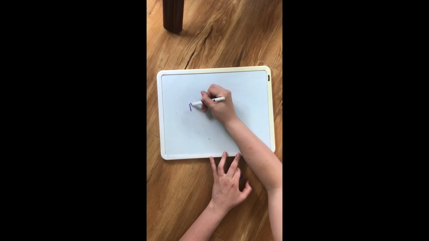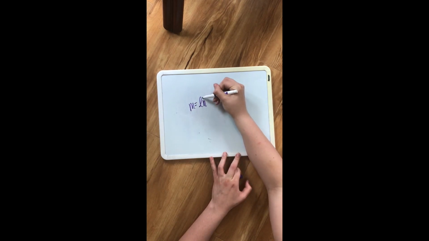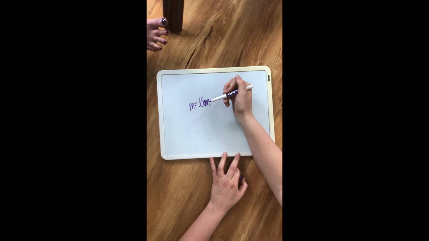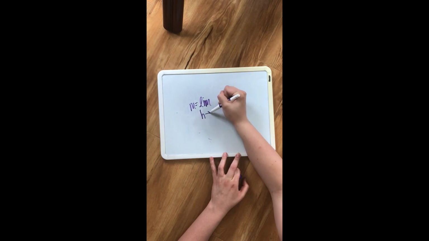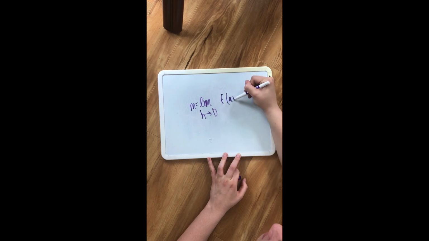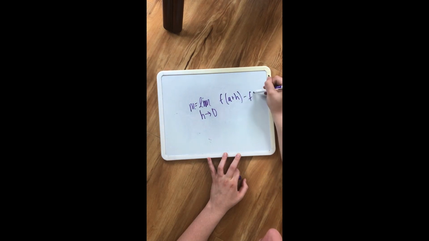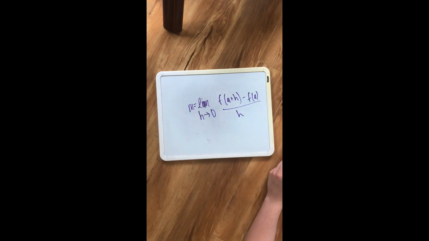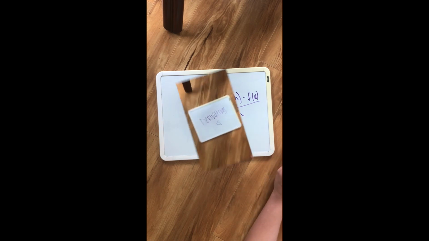M equals the limit as h approaches 0 of f of a plus h minus f of a all over h. This idea is essential to all of calculus and cannot be forgotten. It is what allows us to find derivatives and tangent lines and all that fun stuff we'll get to next.